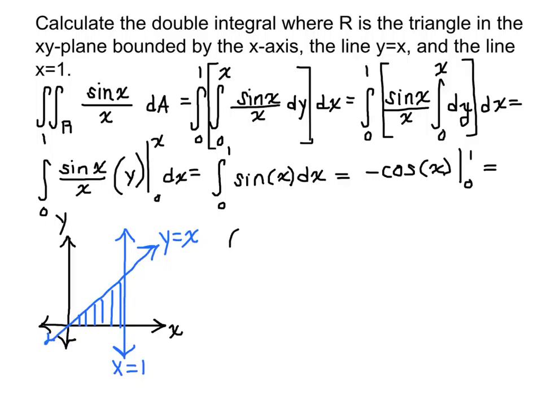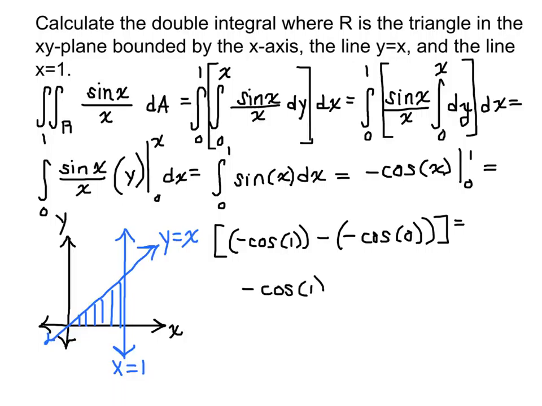So that's equal to negative cosine of 1 minus negative cosine of 0, which is negative cosine of 1 plus 1, which is approximately equal to 0.46. So here's our solution, and this is units cubed. And that gives us the volume.